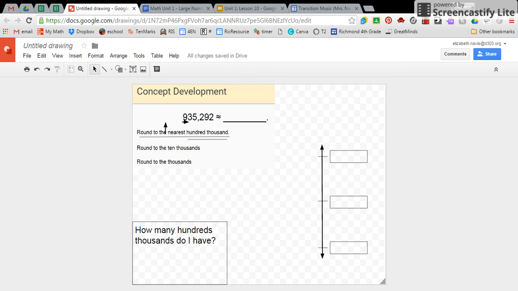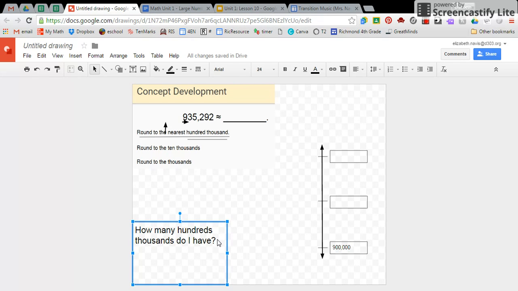So how many 100,000s do I have? I have 900,000s. So I'm going to put 900,000 as my bottom baseline number. Okay, so I've got my bottom number of 900,000.